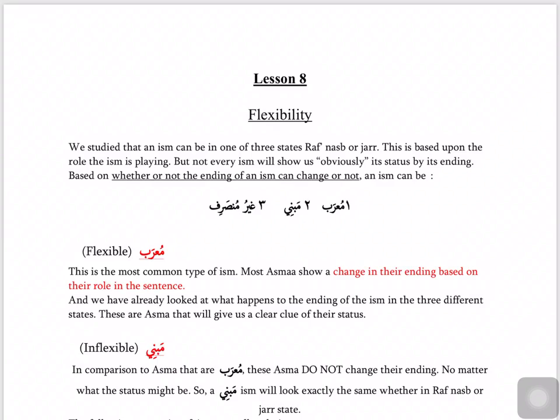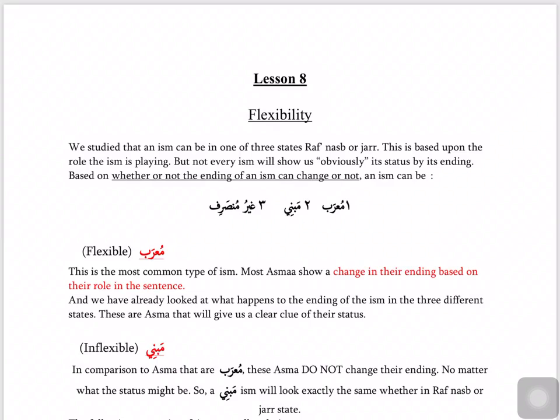When we were talking about status, we said that an ism can either be raf, nasb, or jar, and we will tell what the status of the ism is based on its ending, its last haraka, or if it has any of the 6 endings. Now we are learning that some asma may not give us any clue to their status.